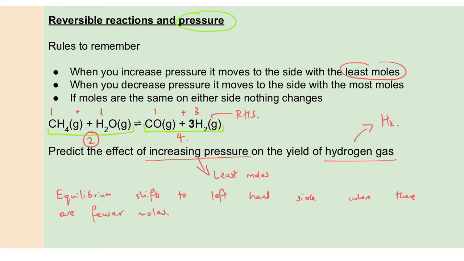So if I'm moving to the opposite side, the amount of what I've got left decreases. So my last bit then: this means, because H2 is on the right-hand side, the yield of H2 decreases.